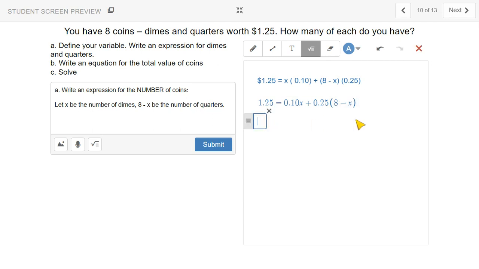Let's simplify this equation. So 1.25 is equal to 0.10x plus 2. We got that from taking 0.25 times 8 minus 0.25x. Let's collect our like terms. 1.25 is equal to negative 0.15x plus 2.